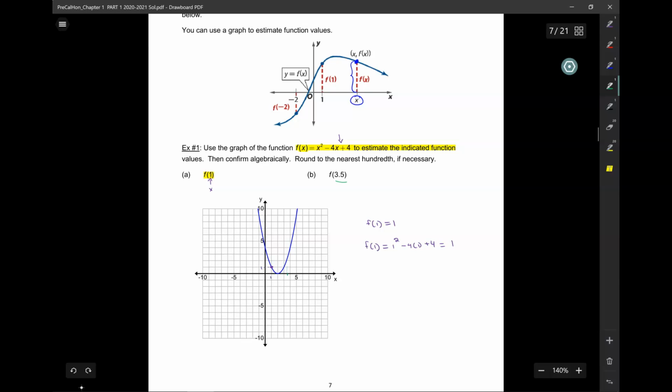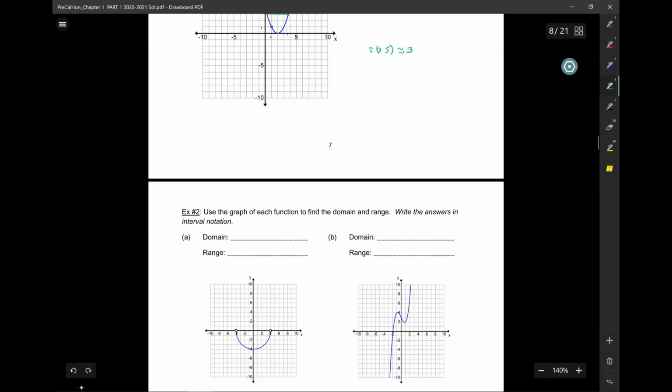If I follow the graph up, it's somewhere around here, so I would say it's about 3. Same thing, if I were to plug it into the function, I would get the value algebraically.